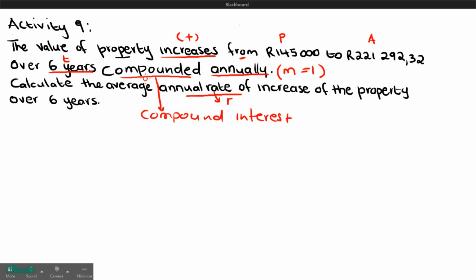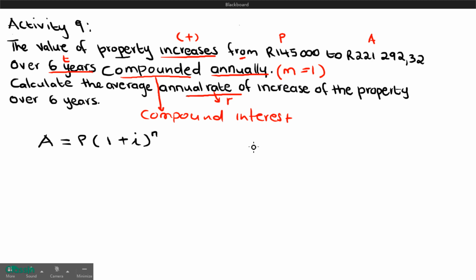So now, because of the word compounded, it means that I go to my formula for compound interest, which says A is equal to P into 1, because it says increase, now I'm going to write positive, then I, close bracket, exponent of N.